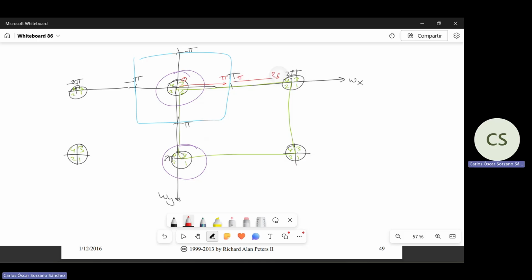Okay? So it is not that the frequencies are negative, but the 2 pi frequencies are the same as if you were going from 0 to minus pi. So this is low frequency again. So you start with low frequency, you go to high frequency, and then you go again to low frequency, but negative.